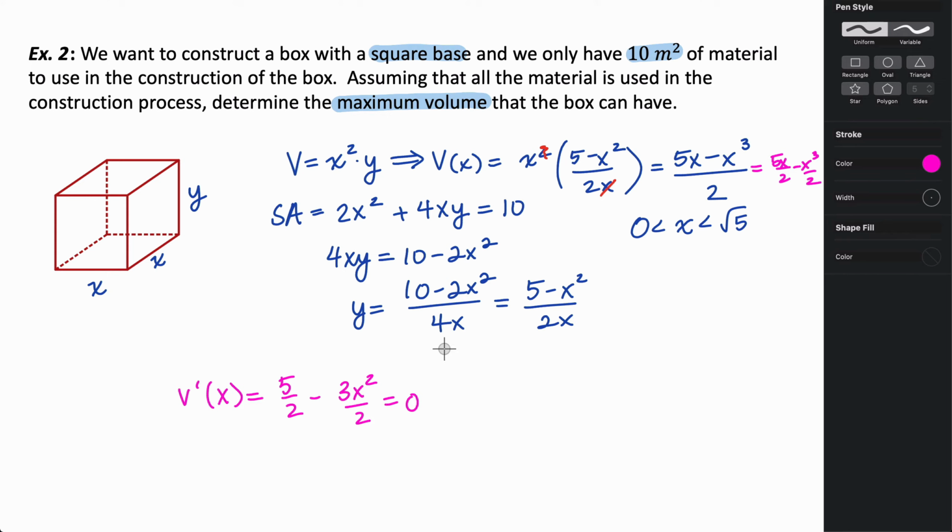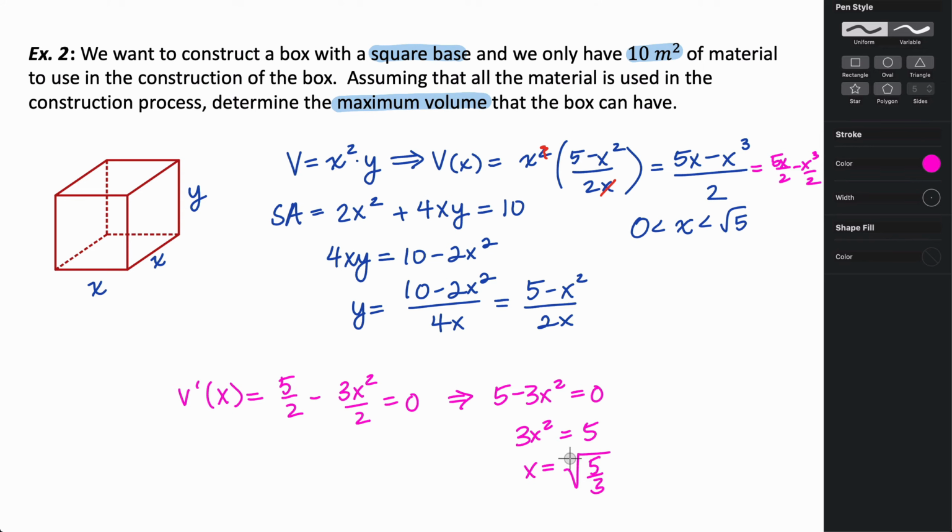So we're going to get 5 minus 3x squared equals 0. That tells me that 3x squared is equal to 5. So x then would be the square root of 5/3, and it would be plus or minus, except, again, we can't have a negative length here. So x is going to have to be the square root of 5/3.